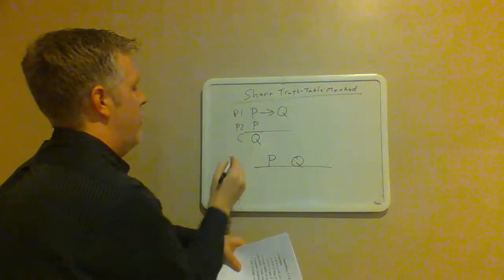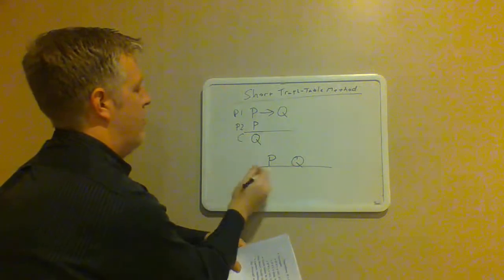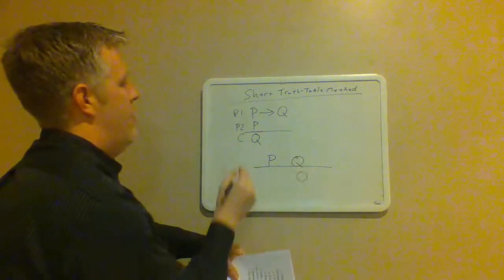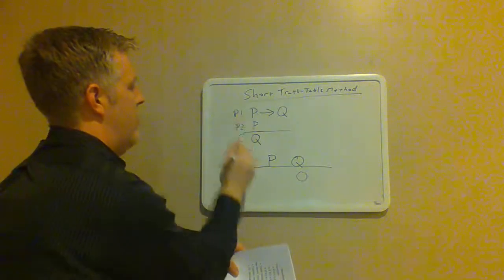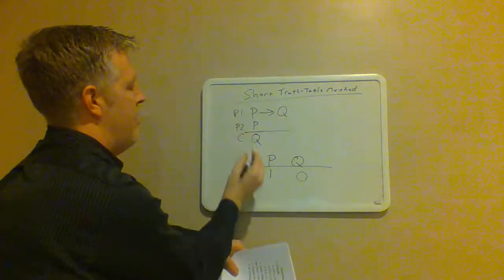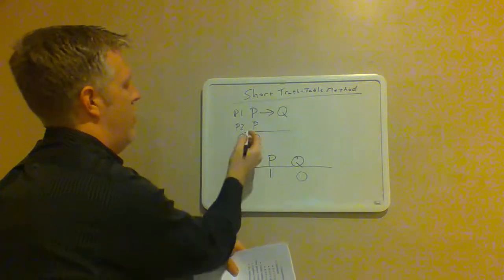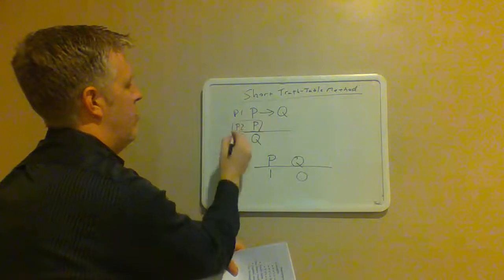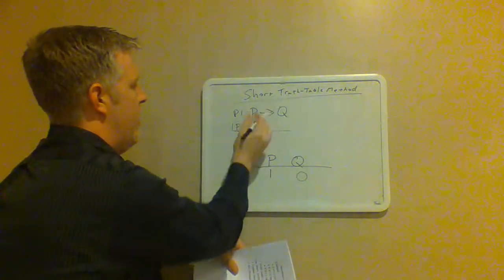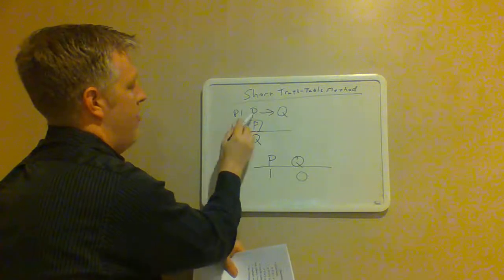So again, we're trying to look for a combination of truth values that would make the conclusion false and the premises still true. So we need the p value to be true, because we want premise 2 to be true, and the only way to make that true is to have p be true. Okay, now when we plug these in, does that make the first premise true?